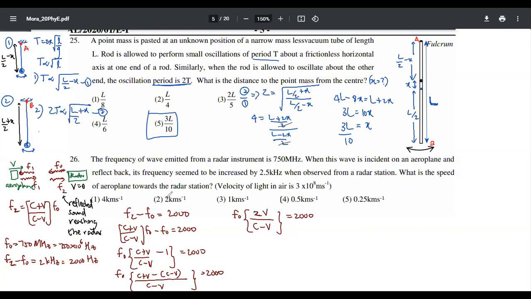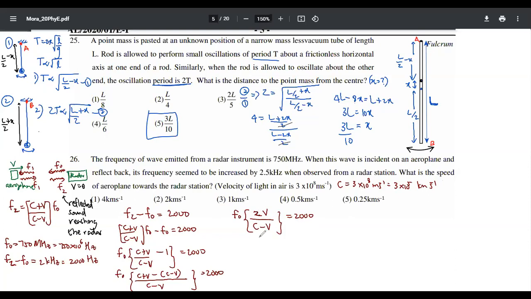Look at the answers for V: 4 kilometer per second, 2 kilometer per second. Now, C is 3 into 10 to the power 8 meters per second, that is 3 into 10 to the power 5 kilometer per second. Therefore, if you subtract V from C, it is going to be a negligibly small change.